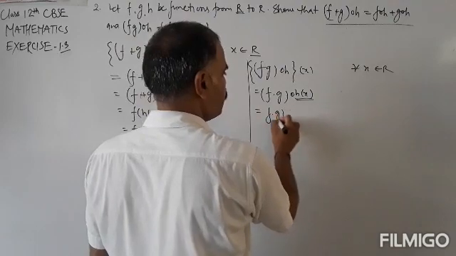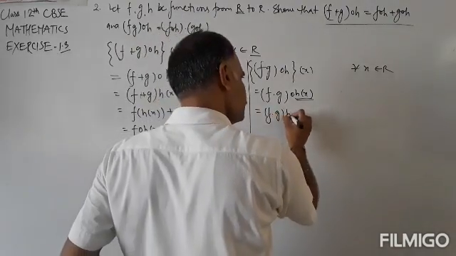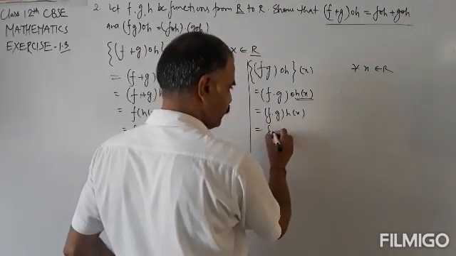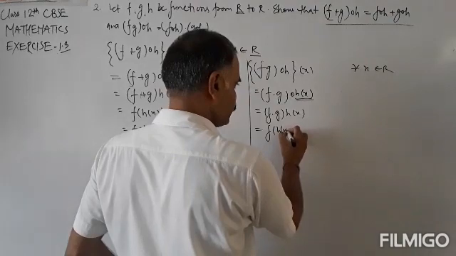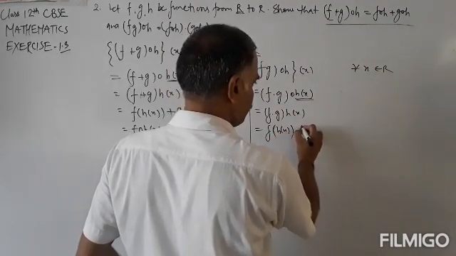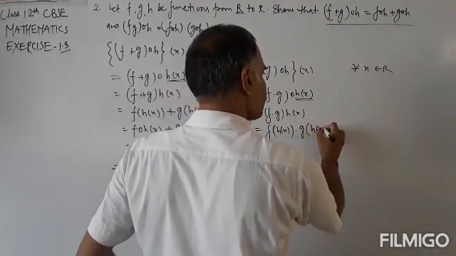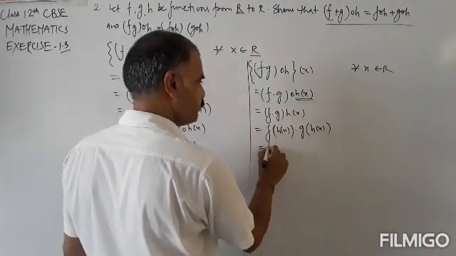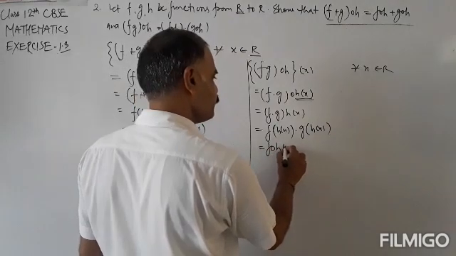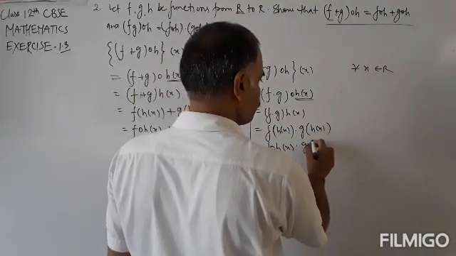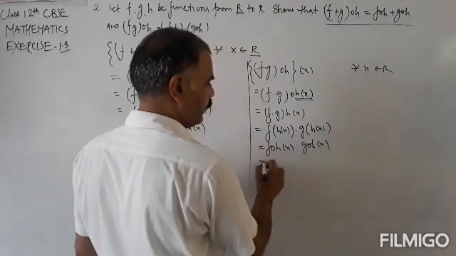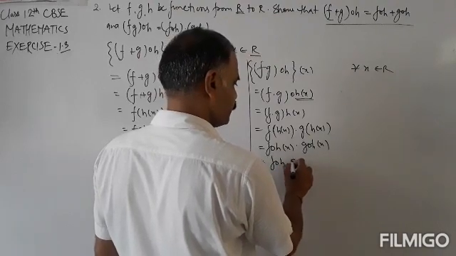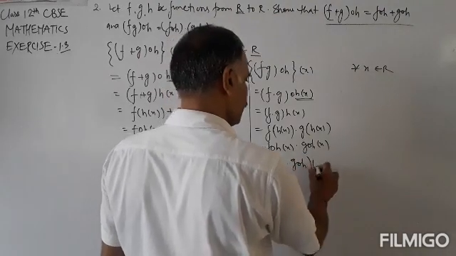This can be written as f of h x multiply g of h x, and after reversing the process, we have f o h of x multiply g o h of x, and again in reverse process (f o h multiply g o h) of x.